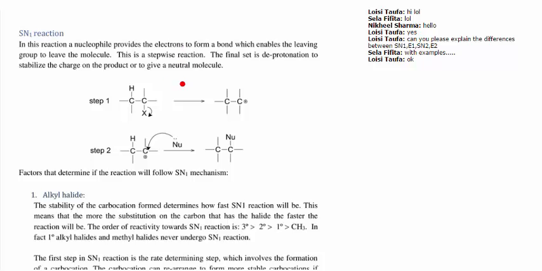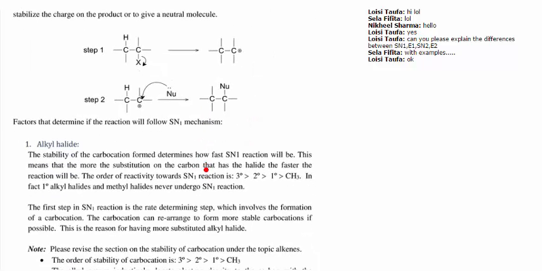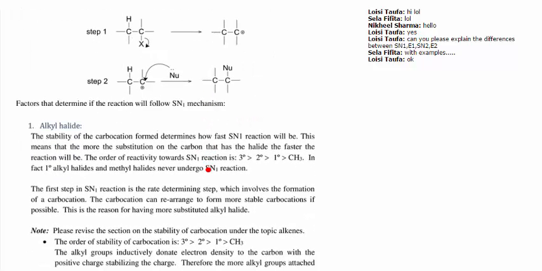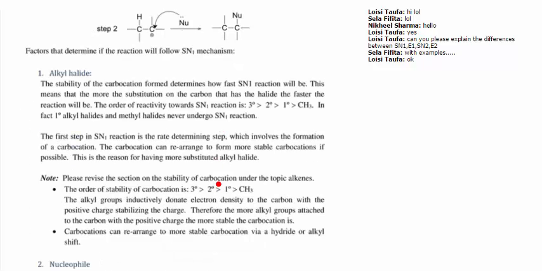Whereas the SN1 reaction takes place in at least 3 steps. The first one, the leaving group leaves, forming a carbocation. Then the nucleophile gets attached to the carbocation. The last step is always deprotonation to bring stability to the molecule.